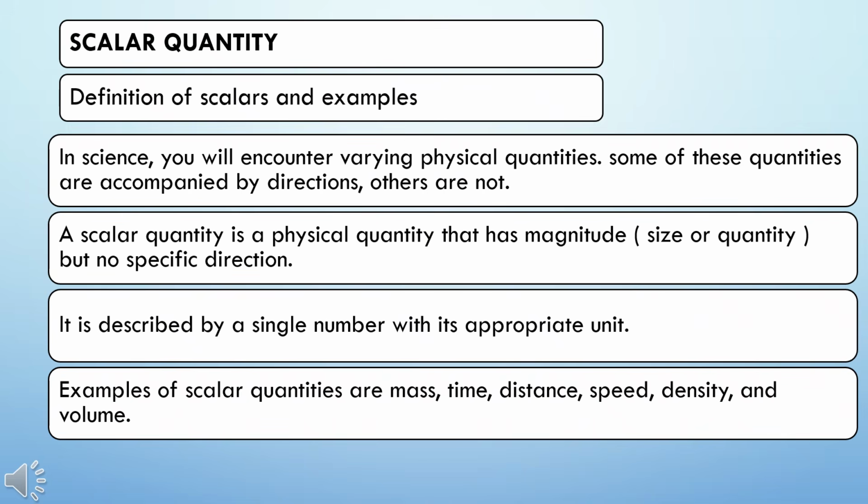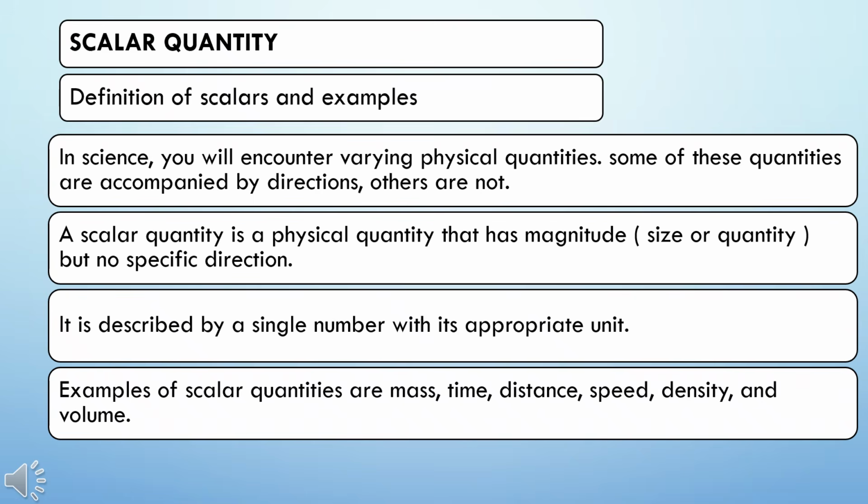Scalar quantity. In science, you will encounter varying physical quantities. Some of these quantities are accompanied by directions, others are not. A scalar is a physical quantity that has magnitude but no specific direction.